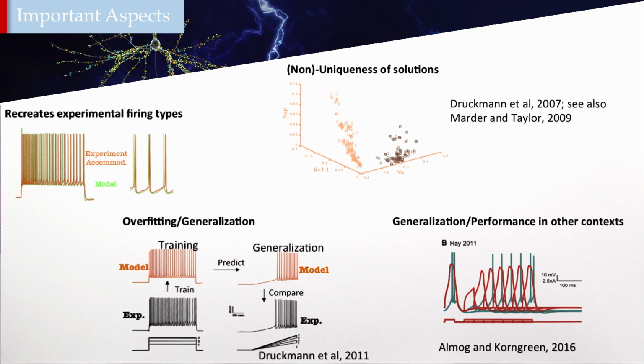Lastly, as with every model, it is important that you understand what the model was built for and what the range of applicability of your model is. There's an interesting recent review by Almog and Korngreen that took different models, in particular also the model which we showed before, and tested them on questions for which the neural models weren't explicitly built.